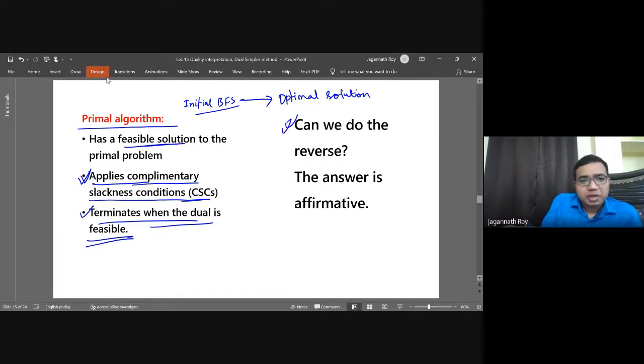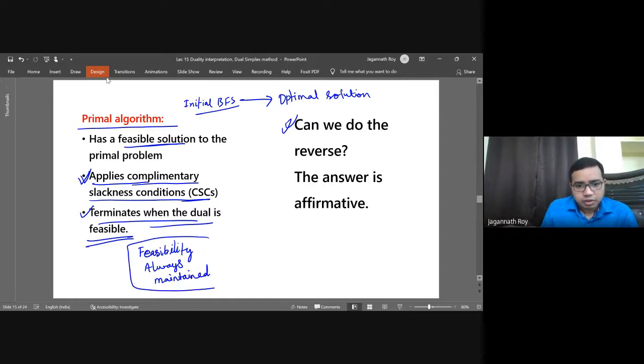That means for the primal simplex method, feasibility is always maintained. Keeping the feasibility, we have reached the optimal solution.